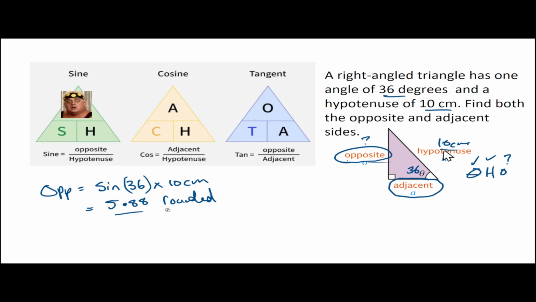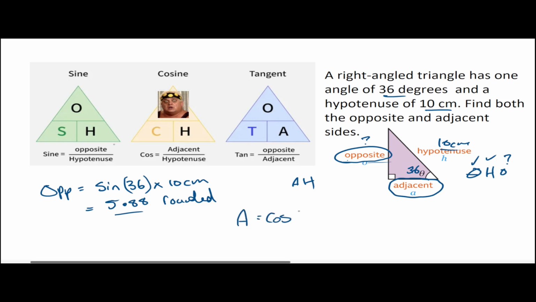So if we've got the hypotenuse and the adjacent, CAH, we're going to be using cosine. We're looking for the adjacent, so Dusty jumps over here. So the adjacent side is going to be cosine of 36 times the hypotenuse side, which is 10. This is the formula here.